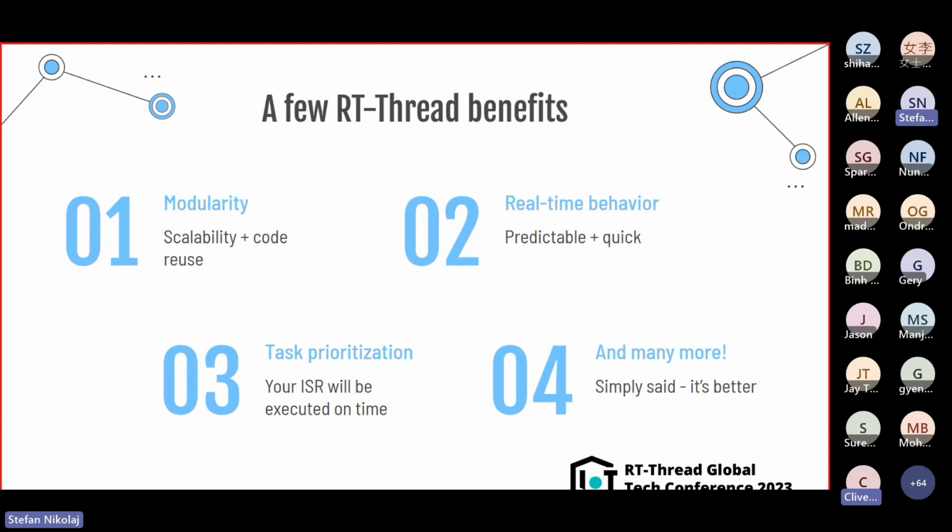So this modular approach also brings embedded software development closer to a desktop environment, which proves highly beneficial in most cases. And furthermore, modularity offers the advantage of scalability and code reuse, significantly simplifying future development efforts.